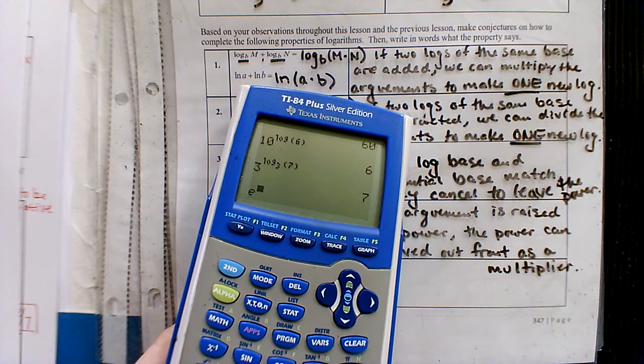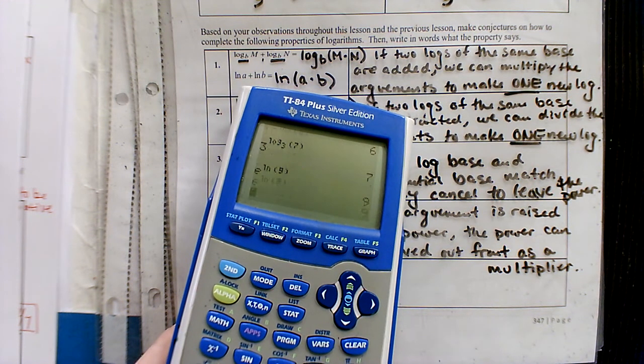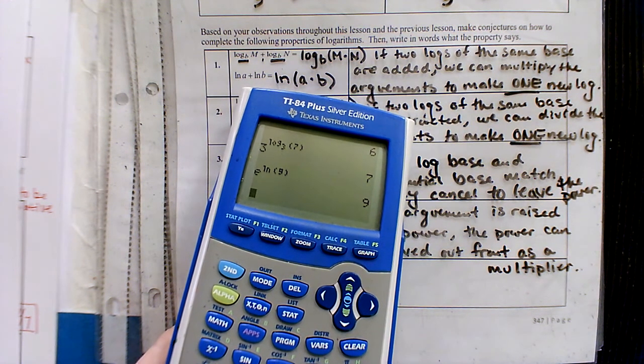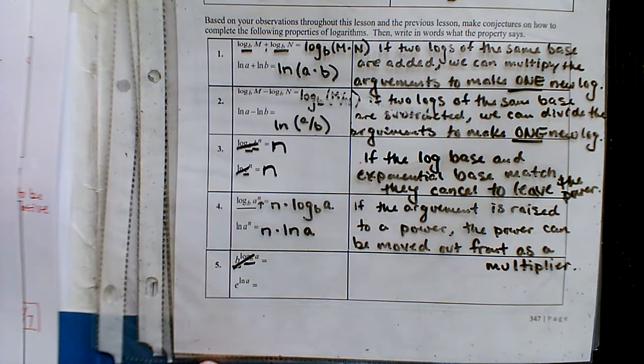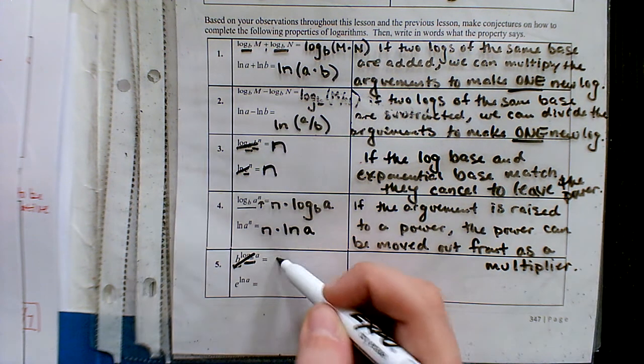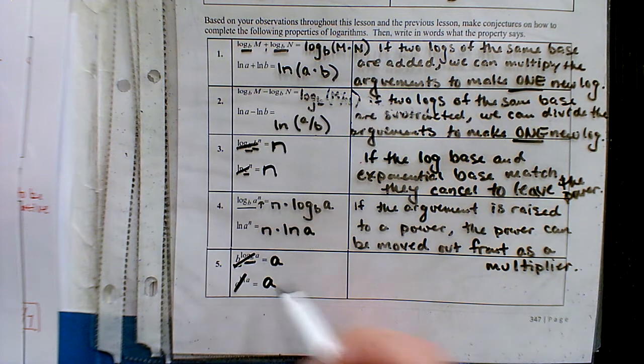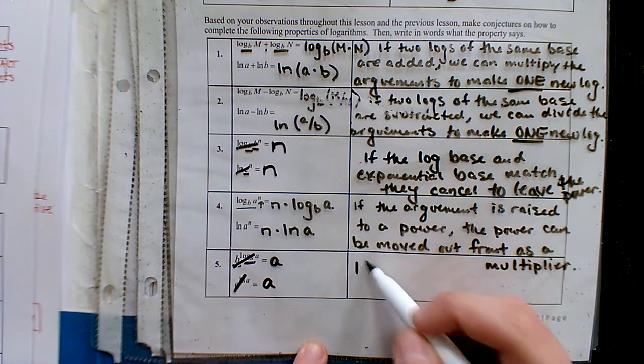We'll do e to the natural log of 9. We're left with 9. So if the exponential base matches the log base in this example, what are we left with? A, which represents the argument in this case.